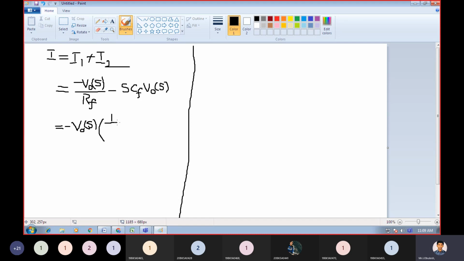Then 1 by RF, after taking common minus V naught of S from these two terms, you need to write 1 by RF plus SCF. So in this, the SCF is remaining pending, so you need to take and write it here.